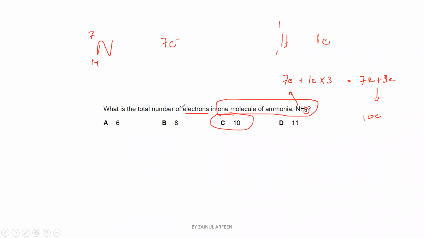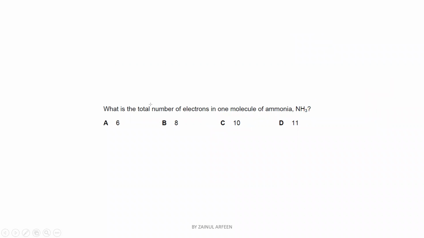For example, if I change the question, total number of unshared electrons in one molecule of ammonia. In that case, I have to draw the structure, because without drawing the structure, I cannot identify.